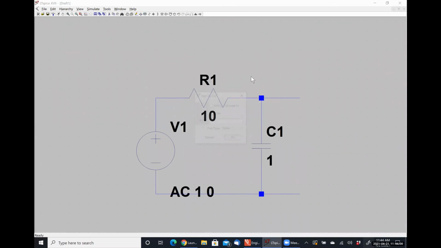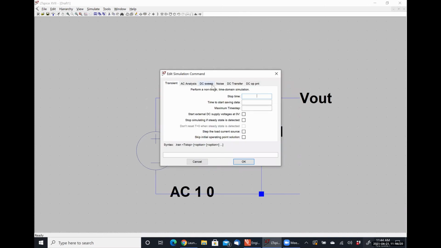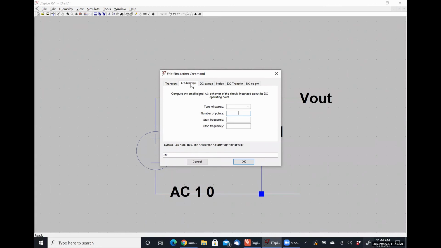Let's label this guy right here, my output. So let's call it V out. And I'm going to edit my simulation command. And so I am going to do what's called an AC analysis.